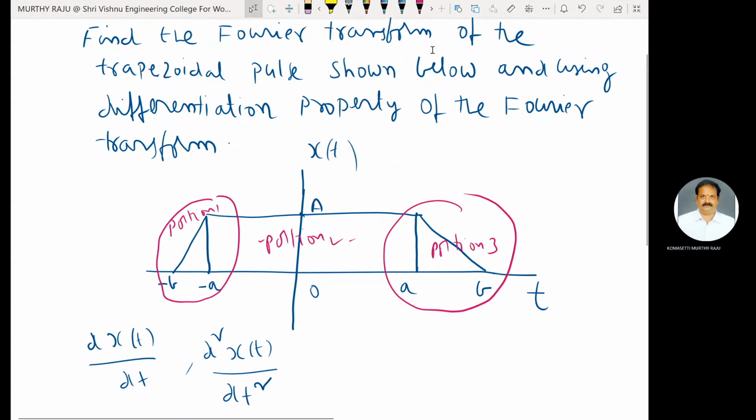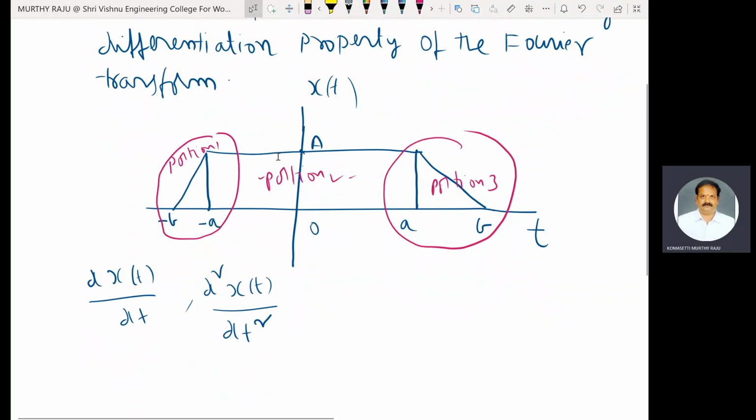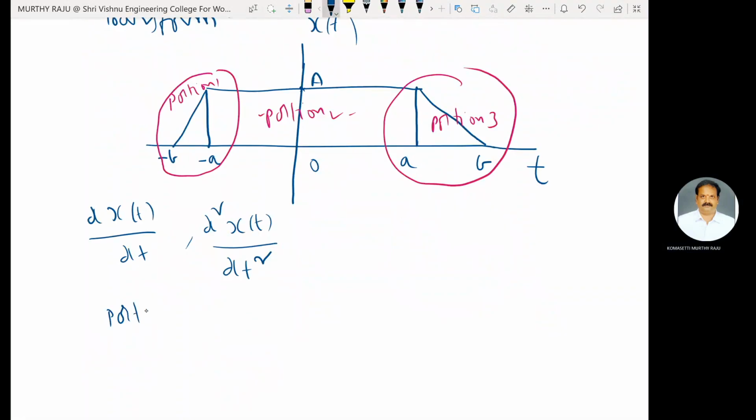In portion 1, the shape of the waveform is like that.